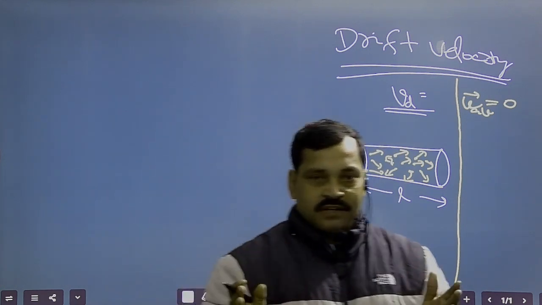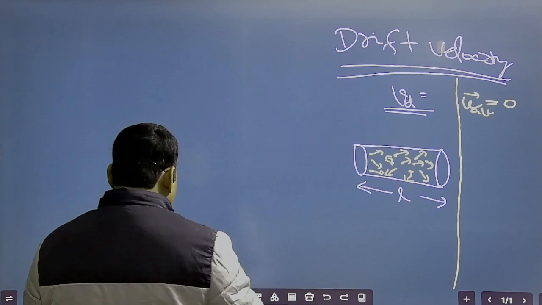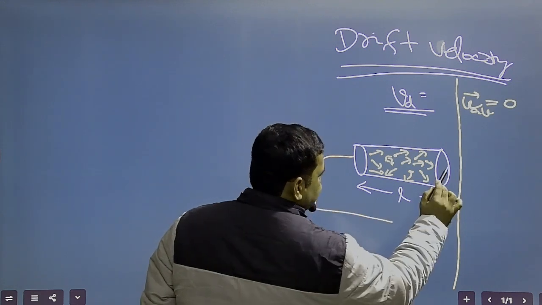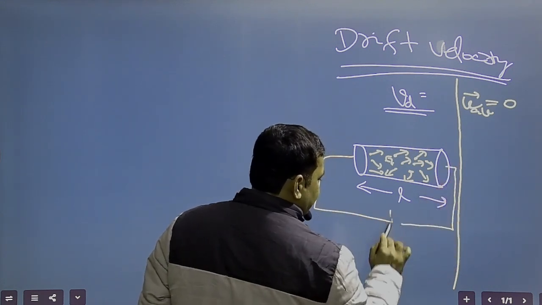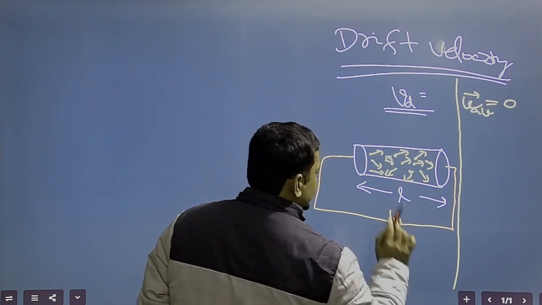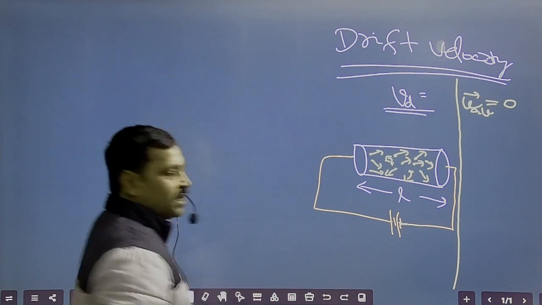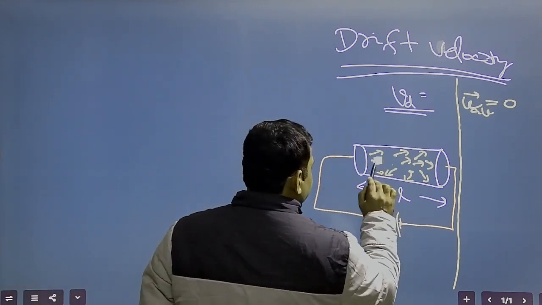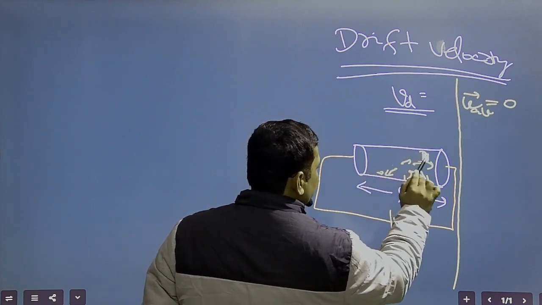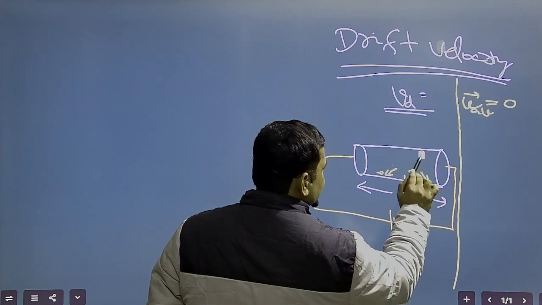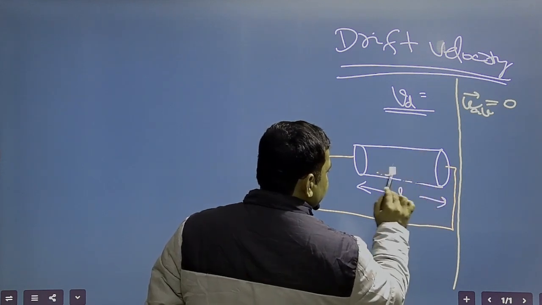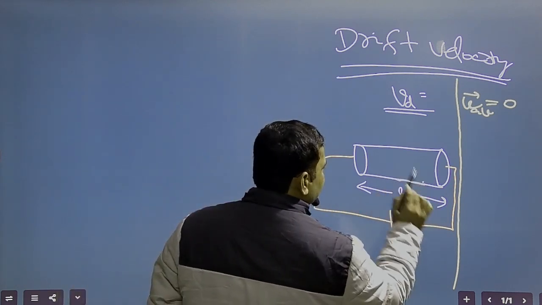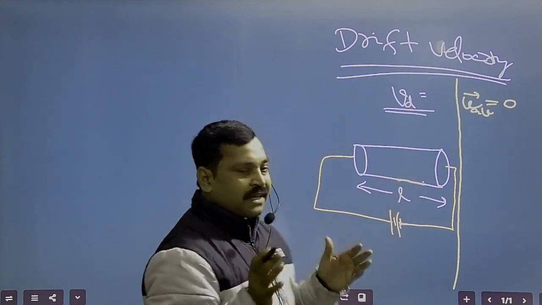This concept is clear. Now suppose we are applying the electric field across the terminals of the conductor. Now you see what will happen. The electrons which are moving randomly inside the conductor will now be aligned to move in a particular direction.